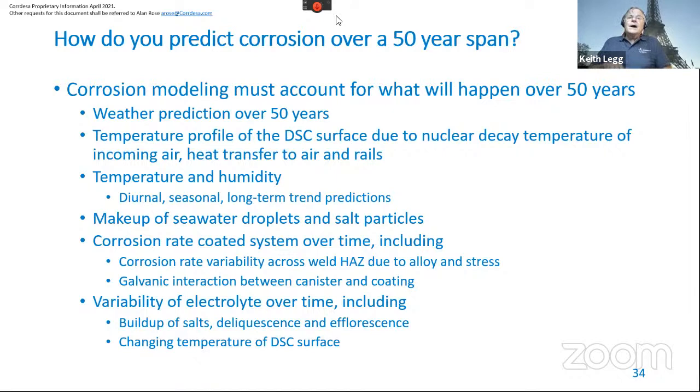And then they'll heat and cool, and it'll go through deliquescence, efflorescence, going through very concentrated salt solutions. And you've got to calculate all that and say, okay, over time, what's going to happen? What coating should I use? And will it last through all that? Okay, so next.